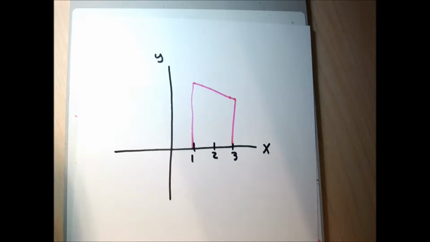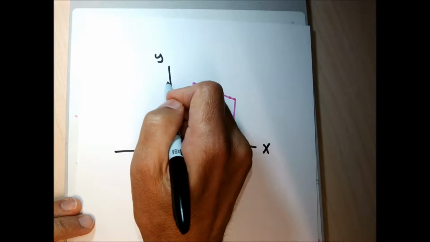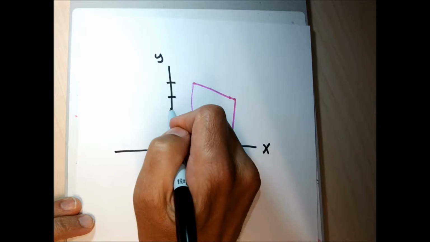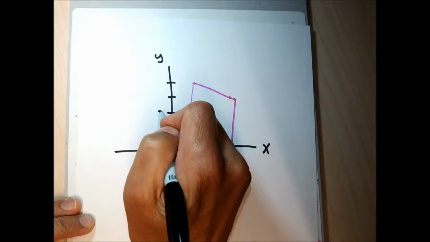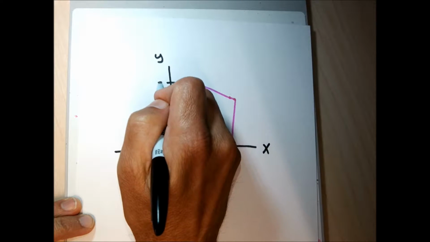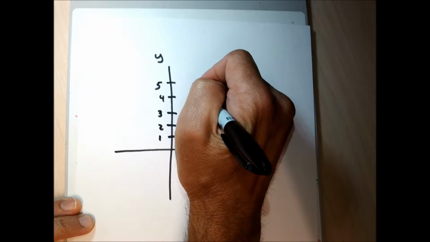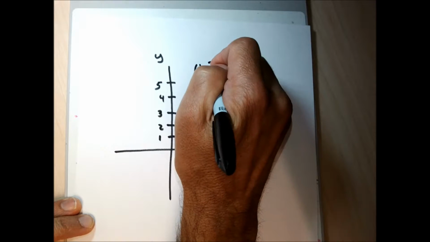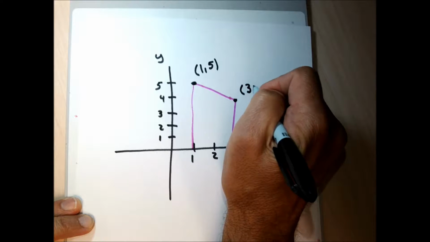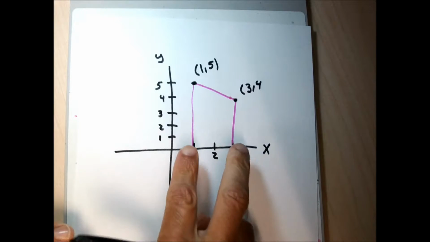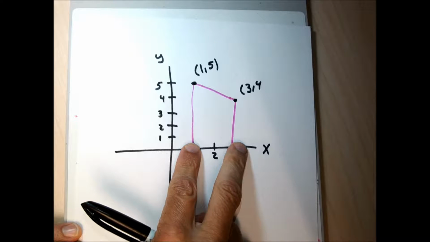Let me mark some numbers up here. In every sense, this is the point (1, 5). This is the point (3, 4). And I've drawn a trapezoid here because it has parallel sides.